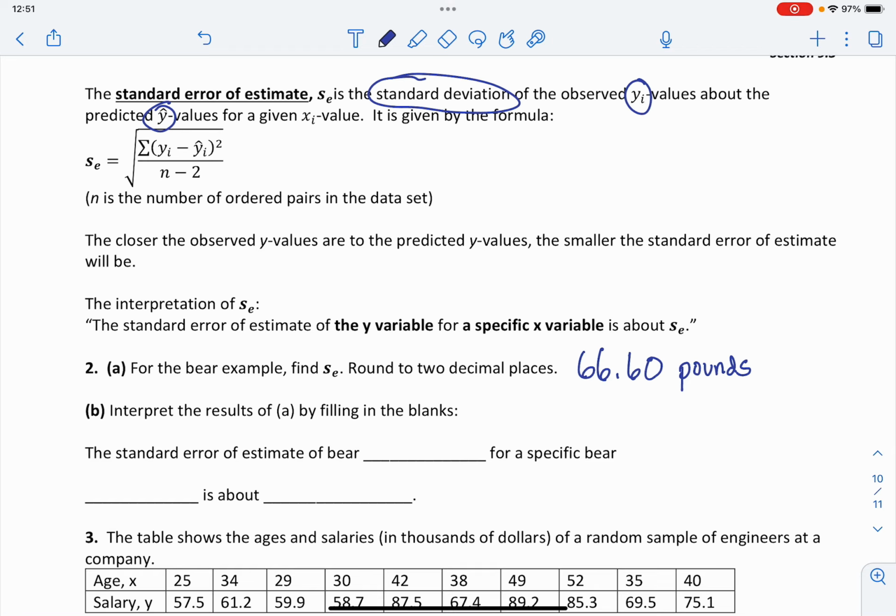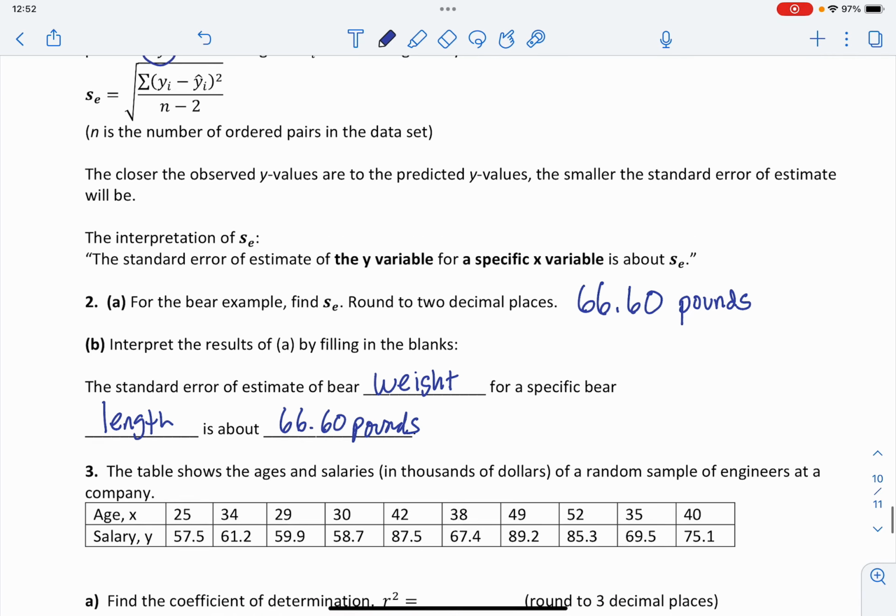The standard error of estimate of a bear weight for a specific bear length is about 66.60 pounds. So we're talking about it for a specific length. If we already know the length of the bear, then how spread out are the weights for that length, right? And we have a measurement for that. On average, we're about 60 pounds from the mean.